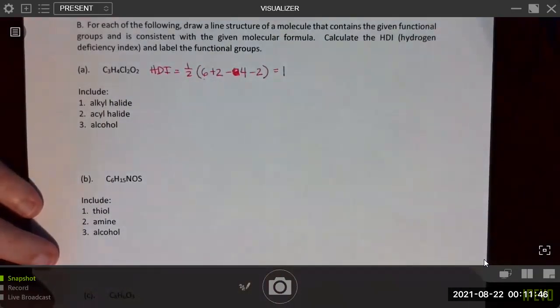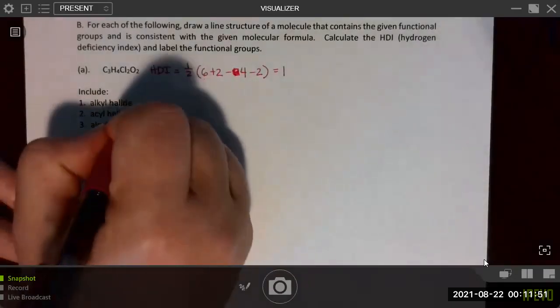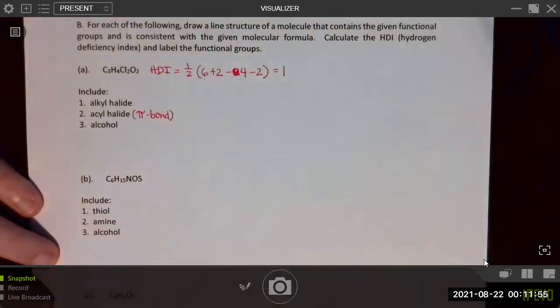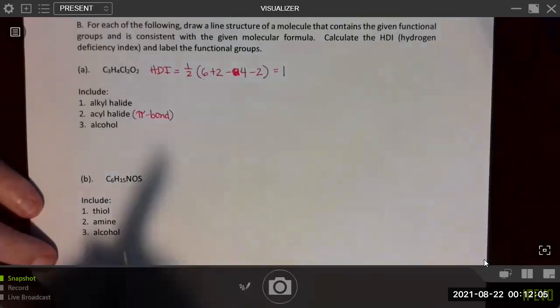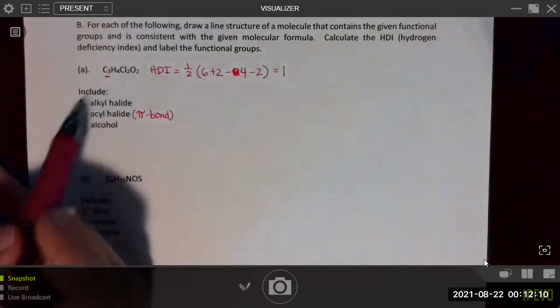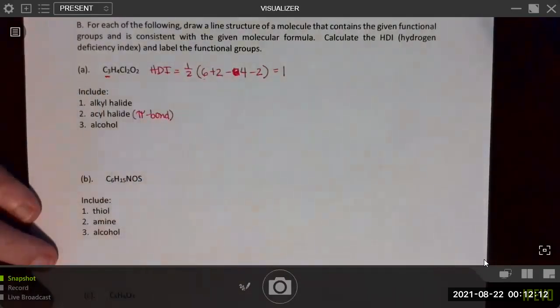unit of unsaturation. And the acyl halide has 1 pi bond. So it makes sense that that unit of unsaturation, or that unit in the hydrogen deficiency index, will be part of the acyl halide. Okay, so the goal here is to get 3 carbons, right? And these different functional groups. Let's remind ourselves what these functional groups look like before we try to assemble it into a structure.